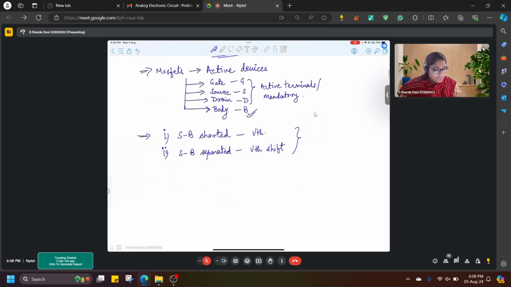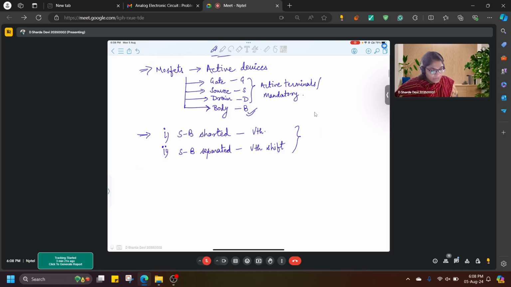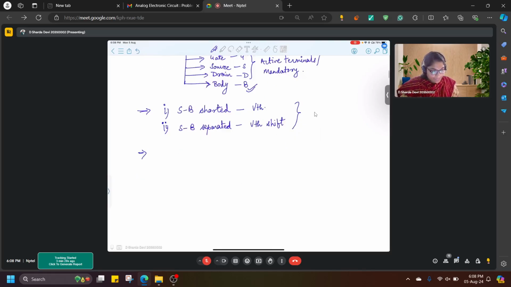Now, talking about the MOSFET, we know there are two types, NMOS and PMOS transistors. Talking about the symbols or representation of these MOSFETs, this is NMOS and here is PMOS.